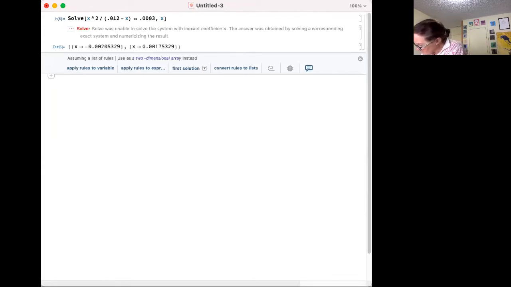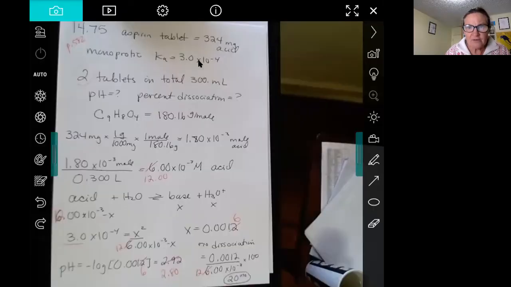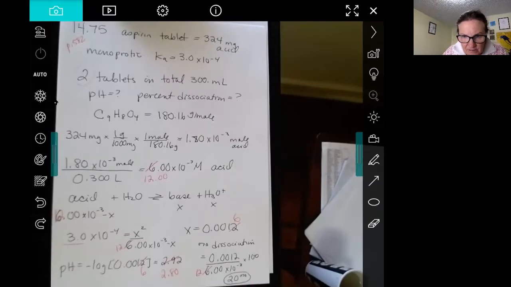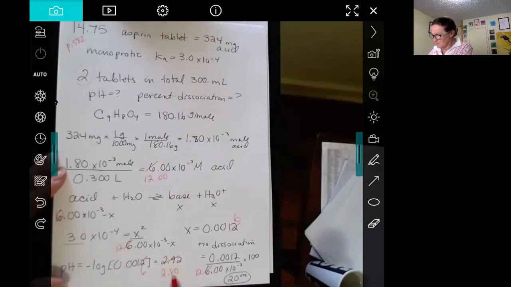And if we look at the percent dissociation, whoops, I've got to go back to my screen. Sorry. It's very easy at this point to forget. Okay, so I come back here and I put 6 in here, which gives me 2.8, so 0.0016.